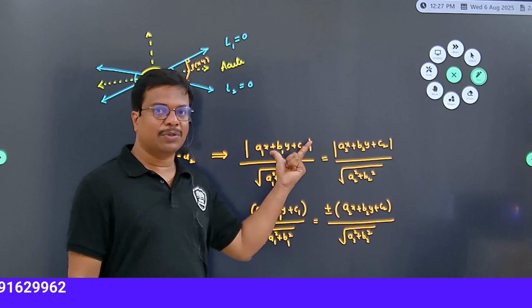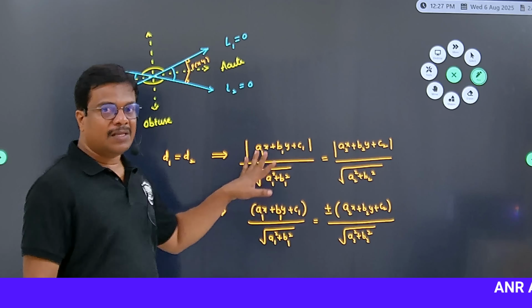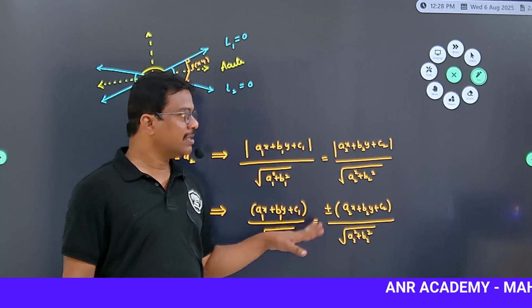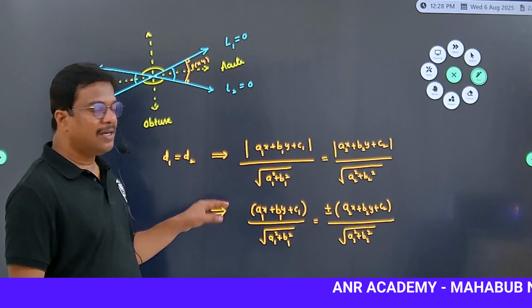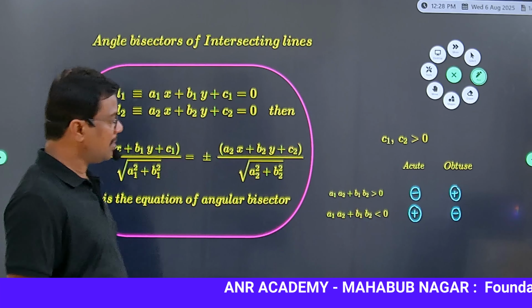These are the acute as well as obtuse angular bisectors, and to find acute and obtuse we follow this procedure.